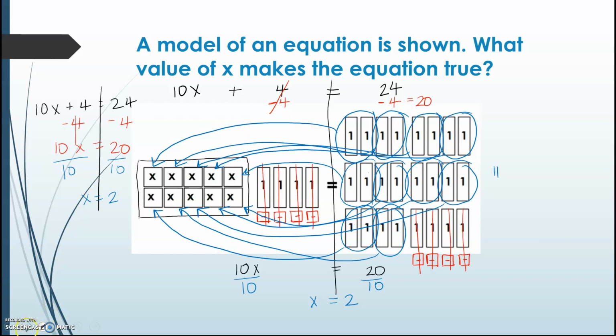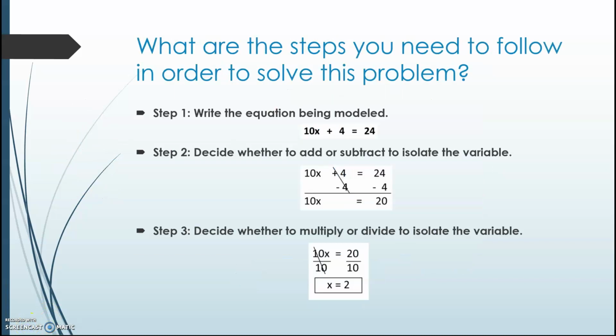All right, so I know it's a little difficult with all these arrows and things like that, but we're going to go ahead and keep going and practice, okay? So what are the steps you need in order to solve this problem? Like we said, we wrote the model, 10x plus 4 equals 24. Then our first step is to always add or subtract to get the x by itself.